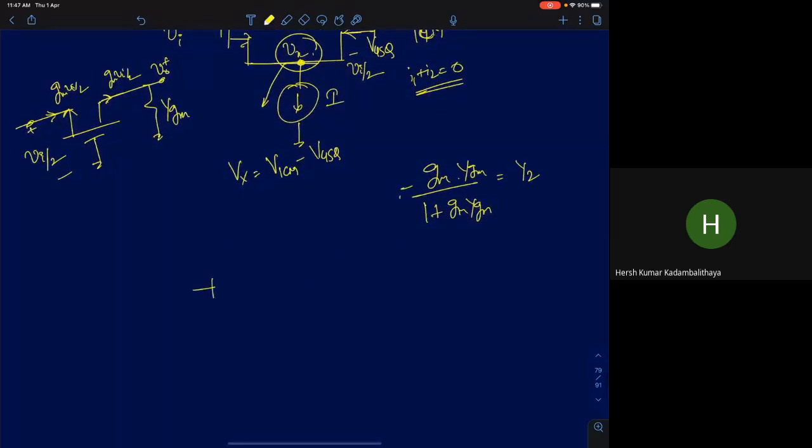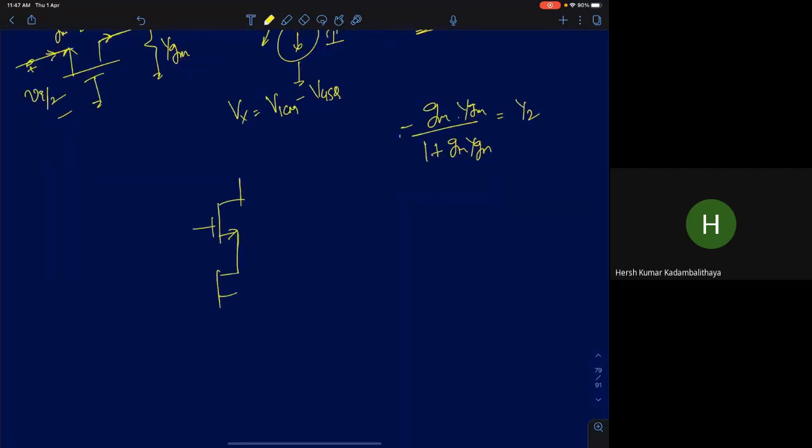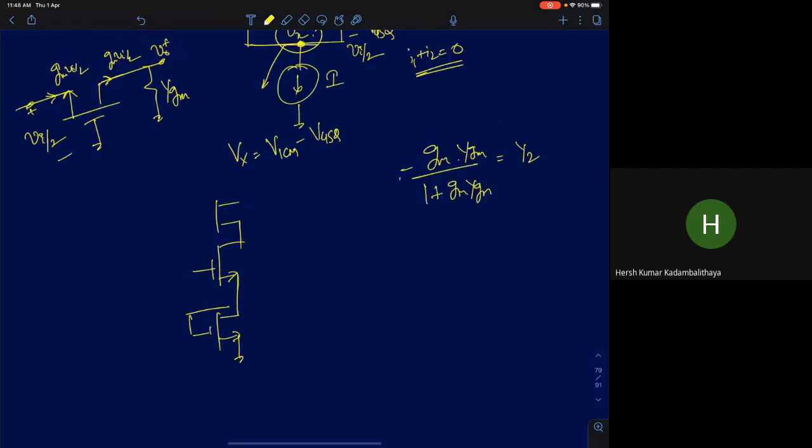I'll just give you another simple circuit. If you take a circuit like this and apply Vi here, you can show it yourself. This will be at minus Vi by 2, this will be at plus Vi by 2.